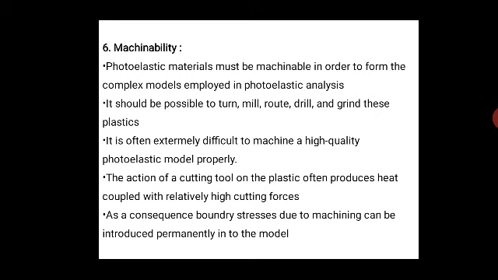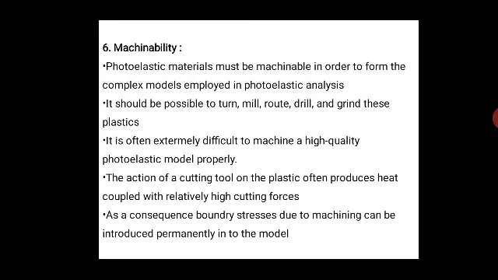Although machinability may appear to be a requirement for these operations on plastics, it is often extremely difficult to machine a high quality photoelasticity model. Why? Because the action of the cutting tool on the plastic often produces heat, coupled with relatively high cutting forces.